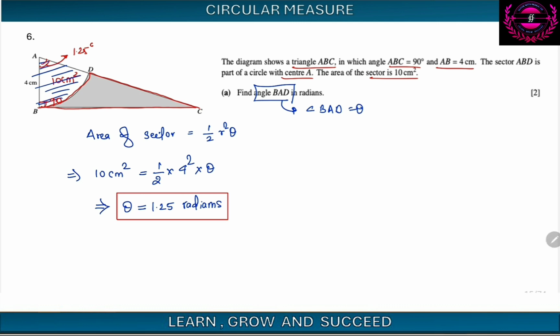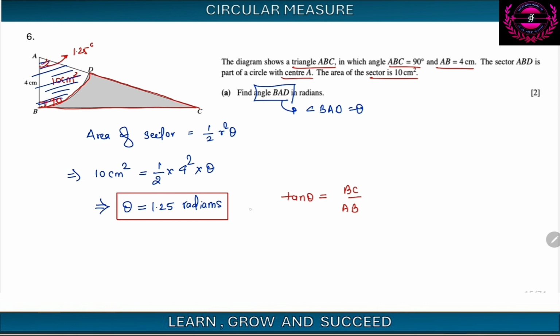We know that in triangle ABC, tan theta, where theta is angle BAD, will be BC upon AB.